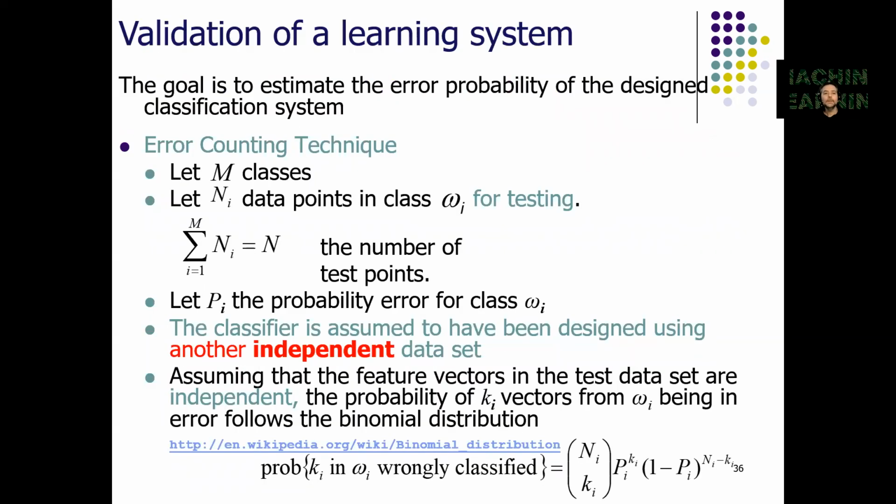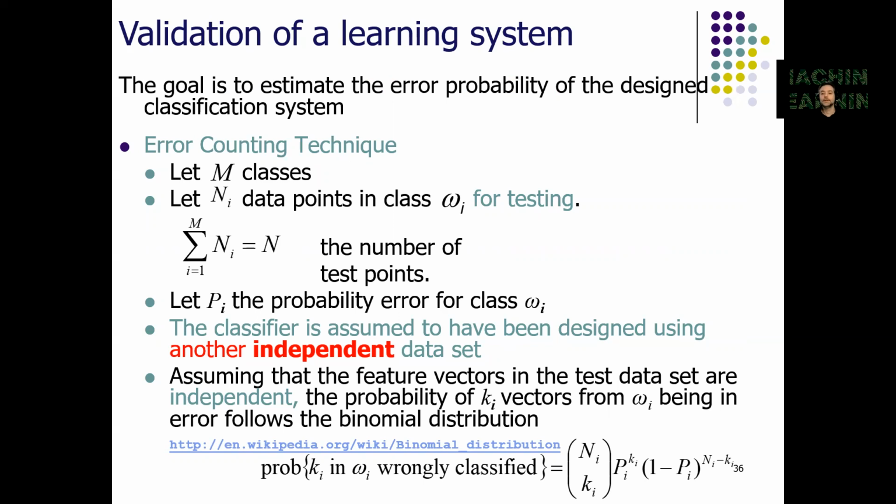So how do we validate the performance of our system? We want to estimate in general the error probability of the designed system. And normally we use different kinds of techniques like error counting techniques. So you have trained your system and you have a test set, a set of test points.